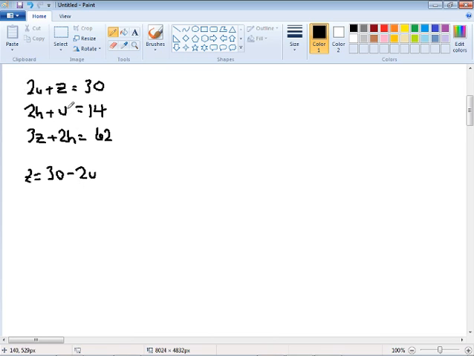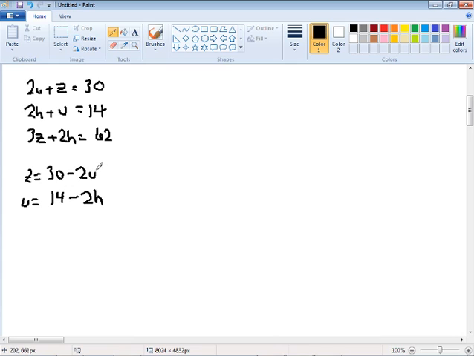In the second one, I see that I have a lone U here, so I can say U is equal to 14 minus 2H. Now this last one's a little bit more complicated. I don't see anything by itself, so I'm just going to ignore it at the moment and concentrate on these two.